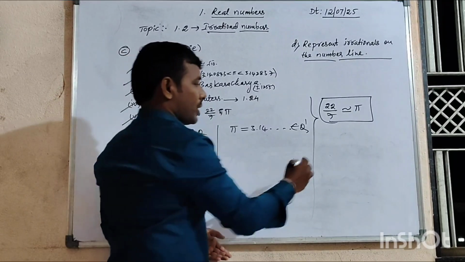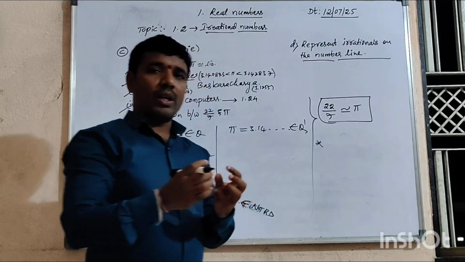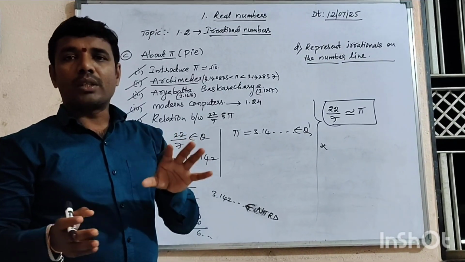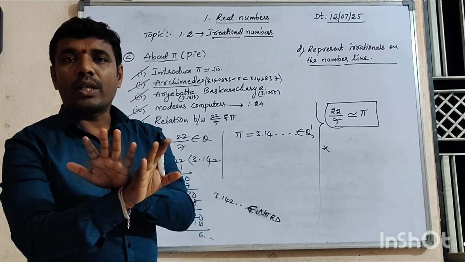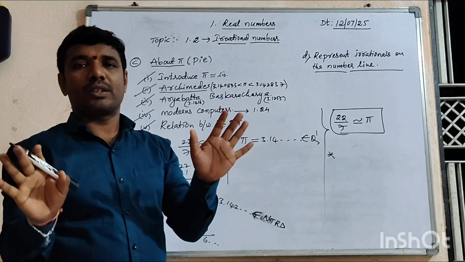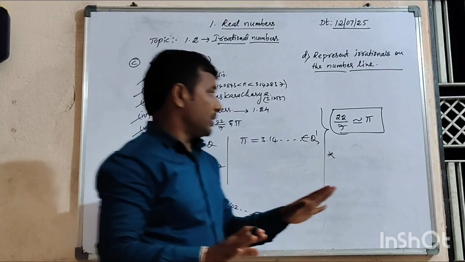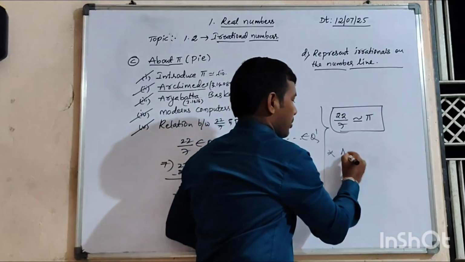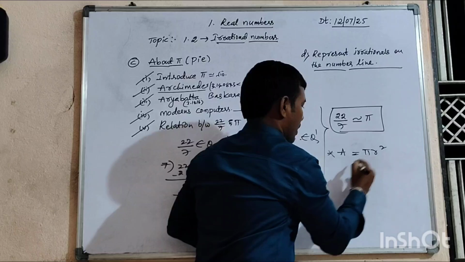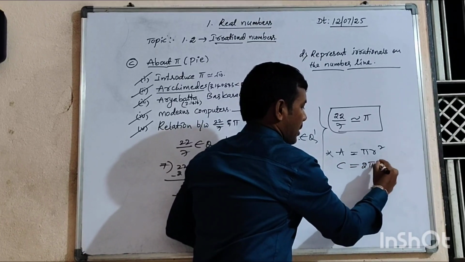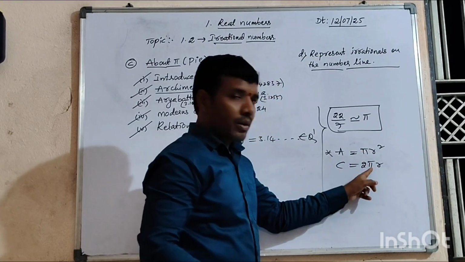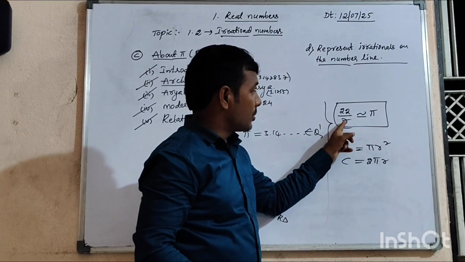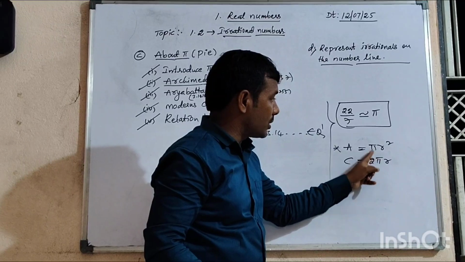And one more important note: whenever you are finding the area or circumference of the circle, those results are not exact answers. Why? Because the area of the circle formula is pi r squared, and the circumference is 2 pi r. In this, instead of pi we use 22 by 7. We are just using an approximate figure instead of pi.